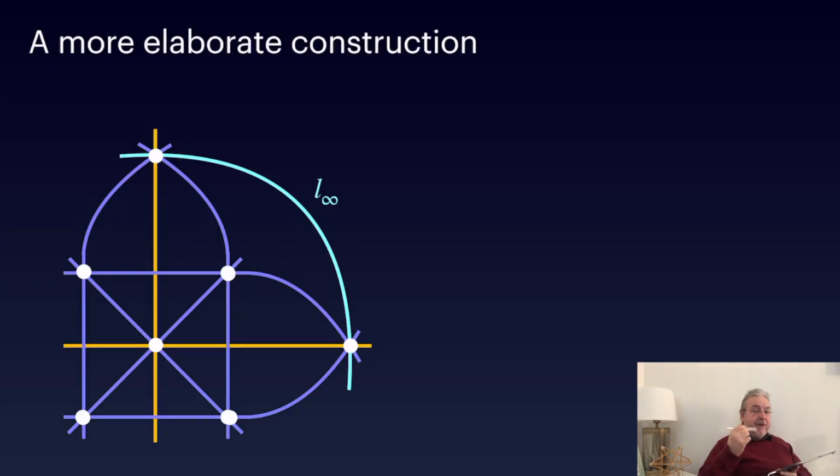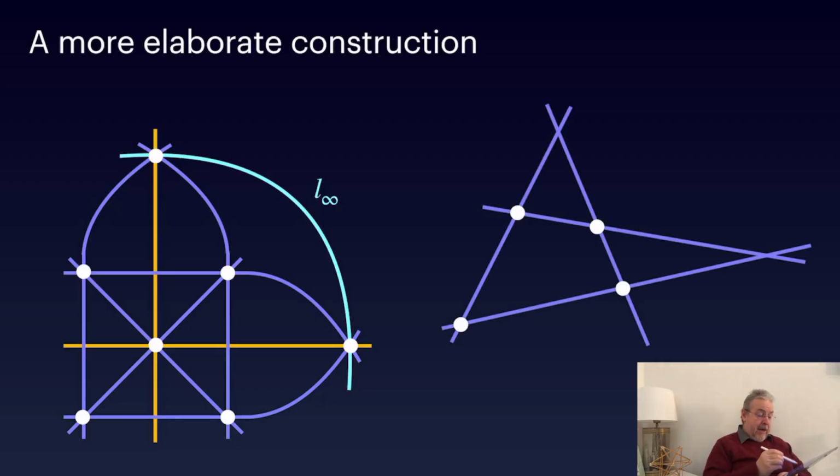Now let me redo the same construction with other points. So let's move my points to that position and redo the construction. So we take our 4 lines here. So these are our original lines of the construction. Then we take the intersection here. You see, now it's no longer in the middle, but it's what we did before. We took this line and intersected them.